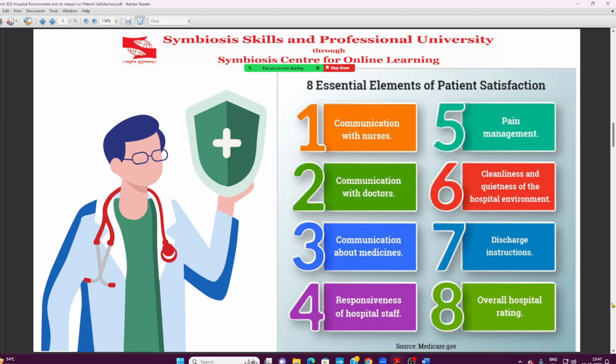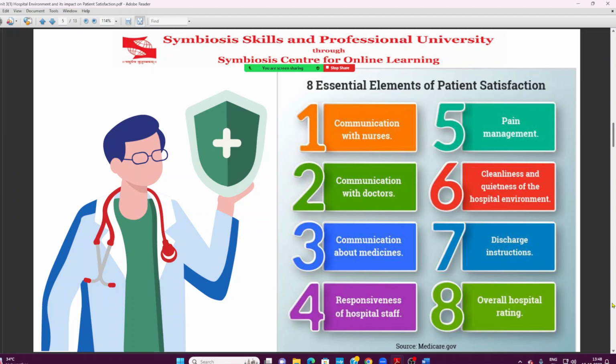Excellent. Fine. 8 essential elements of patient satisfaction. What are those? These are very important. First is communication with nurses. Nurses usually are the interface between the doctor and the patient. Many a time the doctors will do rounds and talk to the patient, but nurses stand as an interface between the doctors and the patient, right? Many of the instructions the doctor will pass on to the nurses, and in turn the nurses will follow those instructions on the patient.